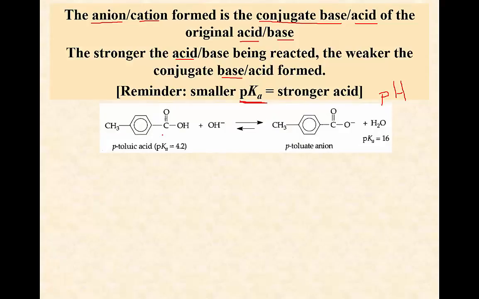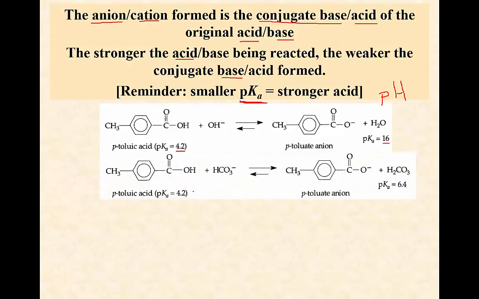But if we look at this, p-toluic acid is a type of carboxylic acid. It has a pKa of 4.2. Now, when I create the anion and then water, I end up with something with a pKa of 16. So notice that this is a very high pKa, that's a very weak acid. If I look at the reaction with a weak base, I still end up with the same p-toluate anion, but now instead of water, I'm getting this carbonic acid.